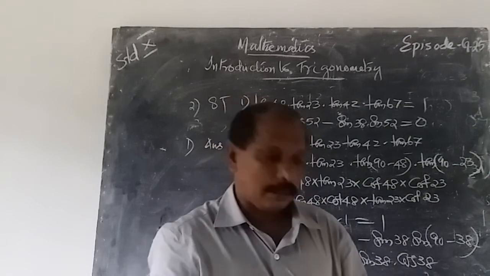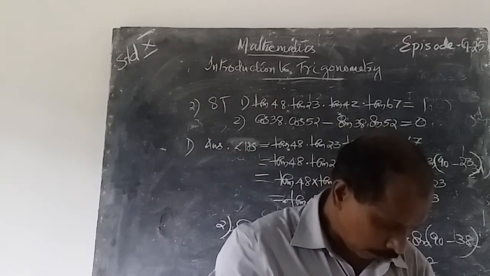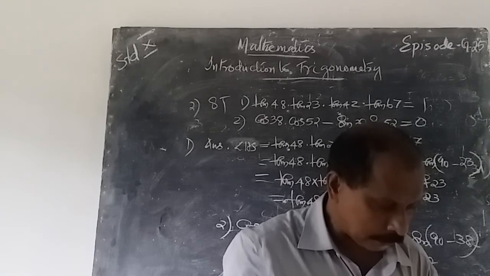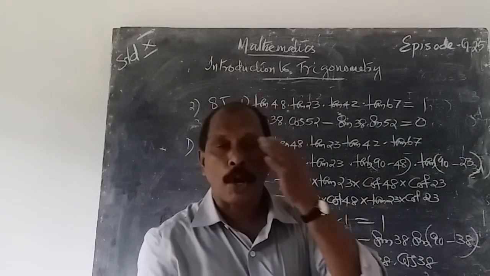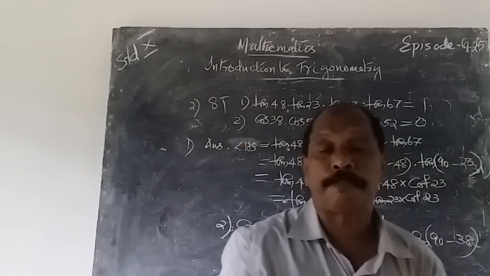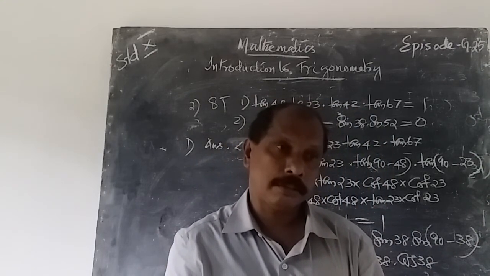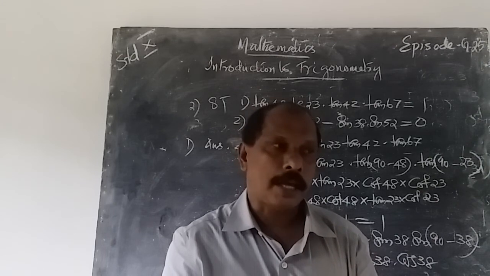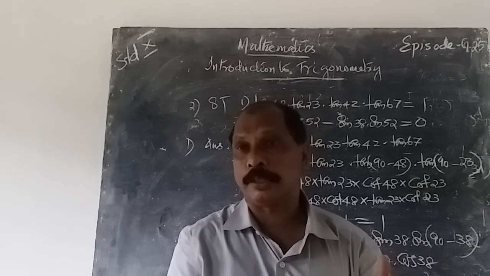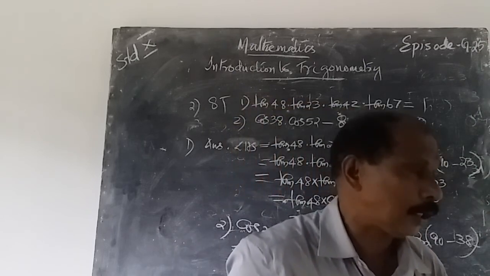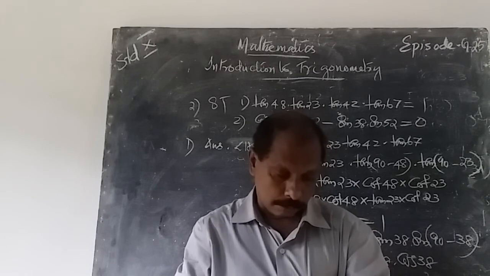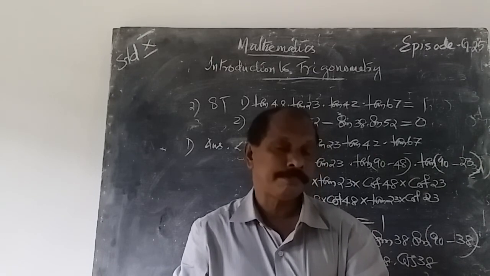Listen, the next 2 or 3 questions in this exercise, the problems based on trigonometric identities, are eliminated from your syllabus, because those problems are based on sin square theta plus cos square theta, etc. Those identities are eliminated from your exam.